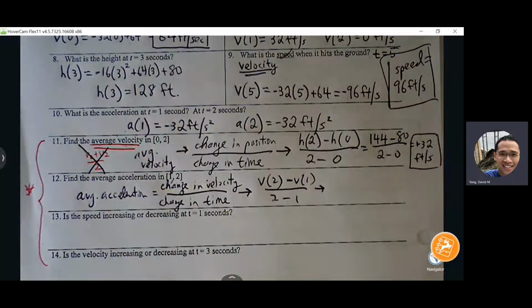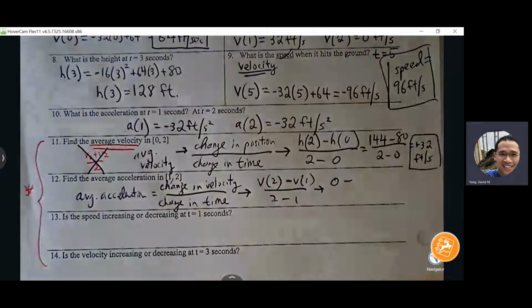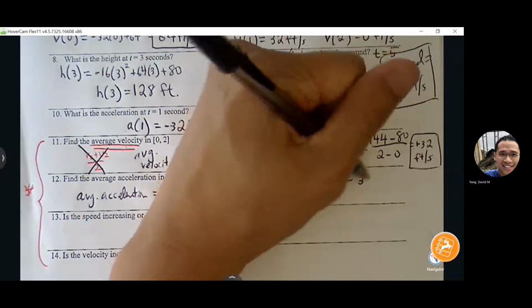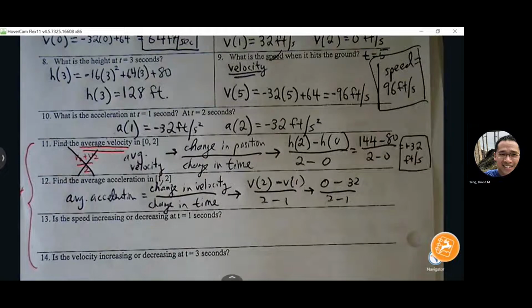The velocity at 2 seconds, I think we gathered that from a previous problem, is 0. Velocity at 1, I can plug 1 into the velocity function, and I get 32. So clean that up, negative 32 over 1 is negative 32.